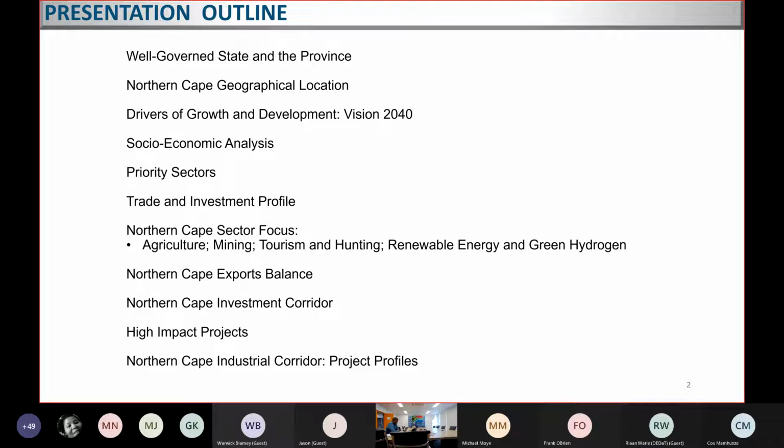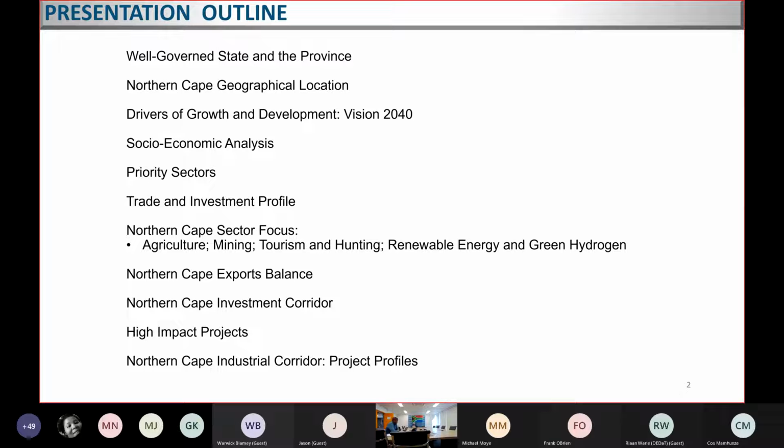A bit of a socioeconomic overview, our priority sectors, then our trade and investment profile, and then I want to move over towards our high impact projects shortly after, just to give you a more tangible feel of our destination orientation and our produce and export scenario, and then also the high level of those projects.